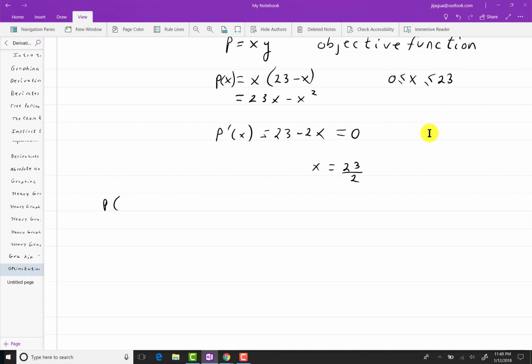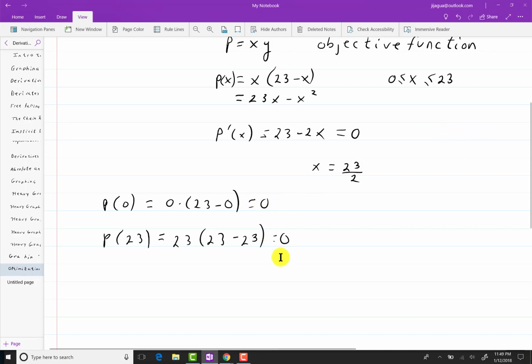P of 0 equals 0 times 23 minus 0, which equals 0. P of 23 equals 23 times 23 minus 23, which equals 0. That means at the endpoints, this thing is 0. So whatever happens here has to be the absolute maximum.